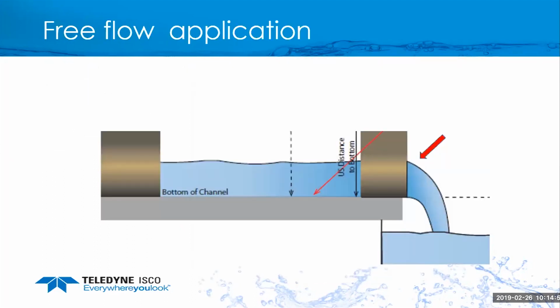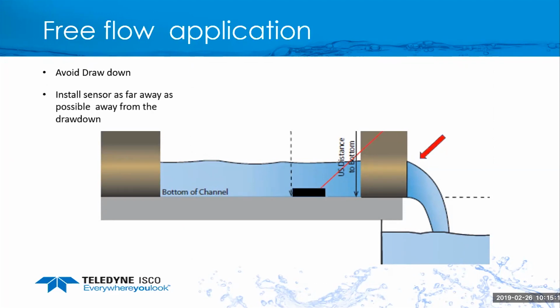Other applications you may run across is this shows a free flow application. However, it's a drop manhole. It doesn't mean you can't monitor here, but you just need to be aware of it and install the sensors properly. So we want to avoid the drawdown, which means moving the sensor as far away from the end of the pipe as possible.